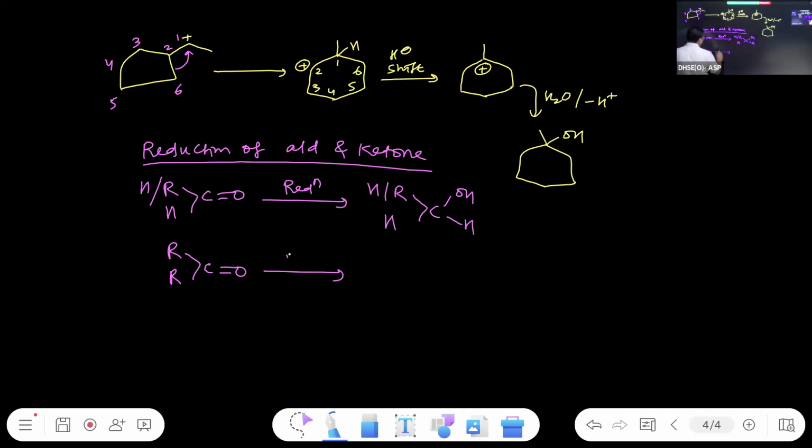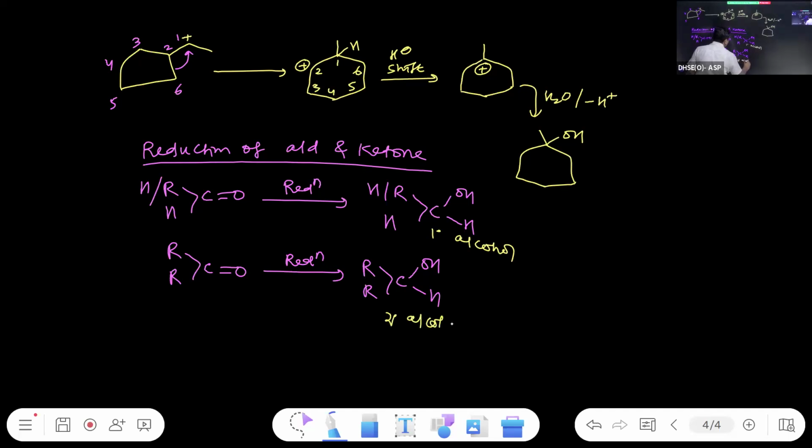It will be the same, if the carbon oxygen double bond breaks, so we can say this is primary alcohol and this is secondary alcohol. So we can generalize that aldehydes undergo reduction to form primary alcohol, whereas ketones undergo reduction to form secondary alcohol.